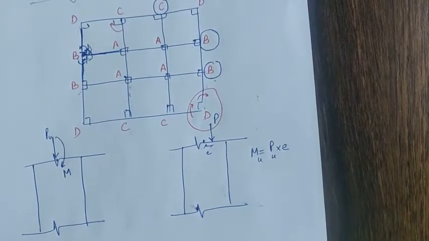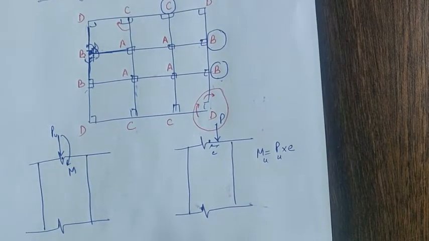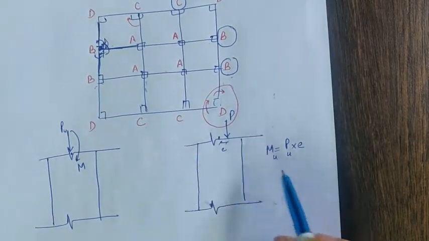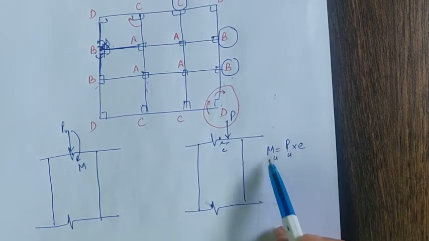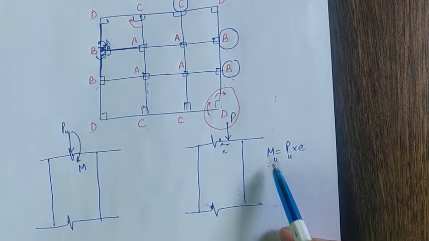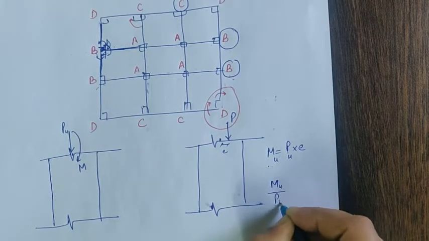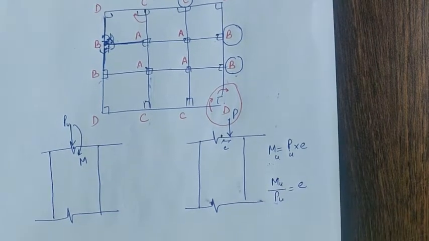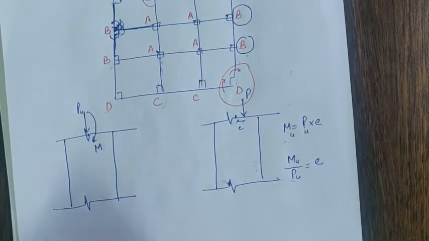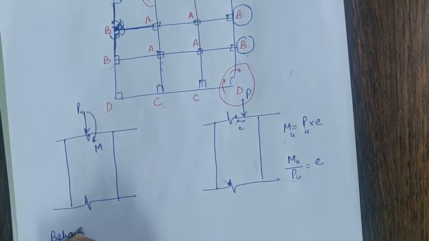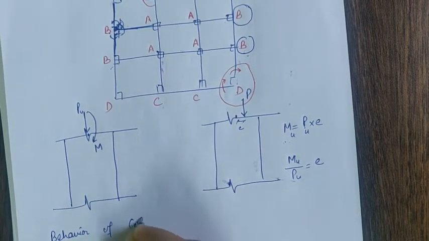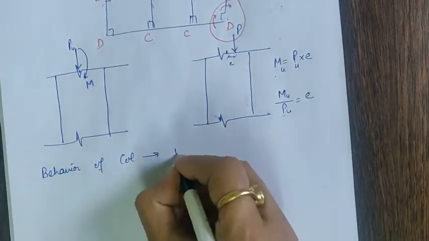Ultimate moment is equal to PU into E. So the behavior of this kind of column will depend upon the magnitude of P and the magnitude of moment. Or we can say it depends upon the ratio of MU upon PU, that is E, eccentricity. So we can say that the behavior of the column will depend upon the value of eccentricity.